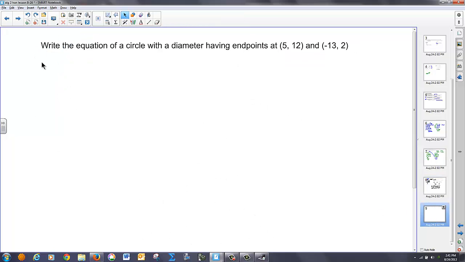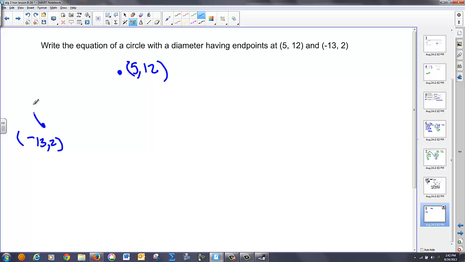So our last problem asks us to write an equation of a circle with a diameter having endpoints at 5, 12 and negative 13, 2. So let's go ahead and do that. Call this point 5, 12, and call this point over here negative 13, 2.